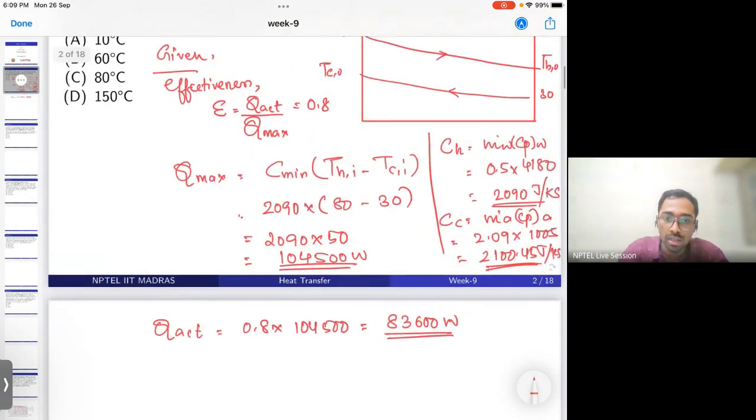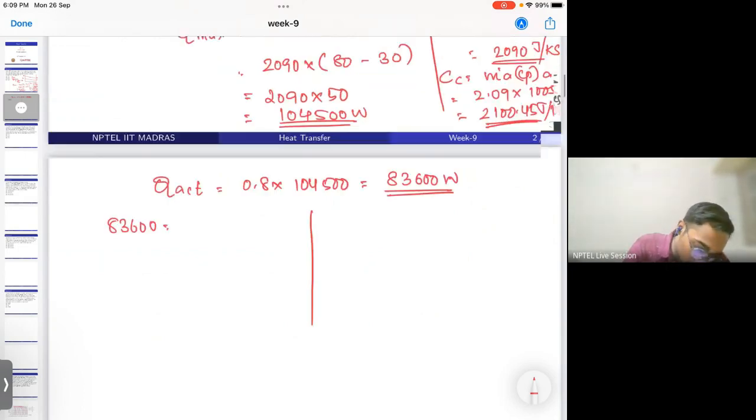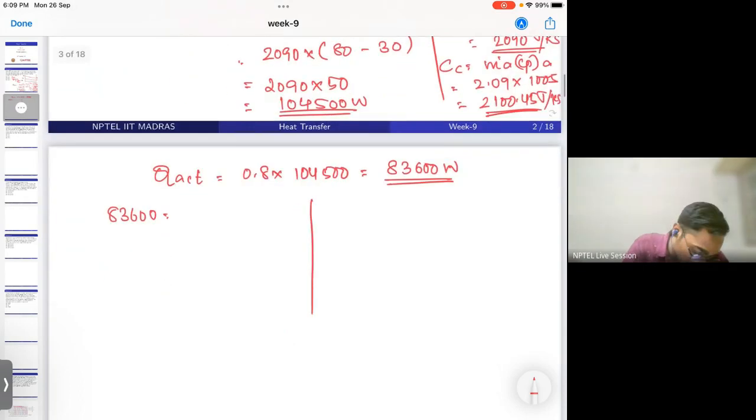Now it's very easy to find the exit temperatures of both streams, that is the hot fluid and the cold fluid, because we have found the actual heat transfer. So 83600 is equal to, for water, 2090 into 80 minus THO.